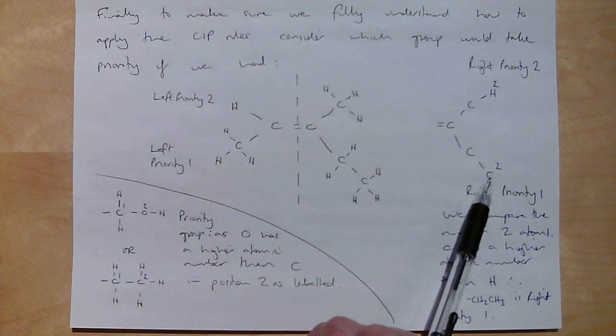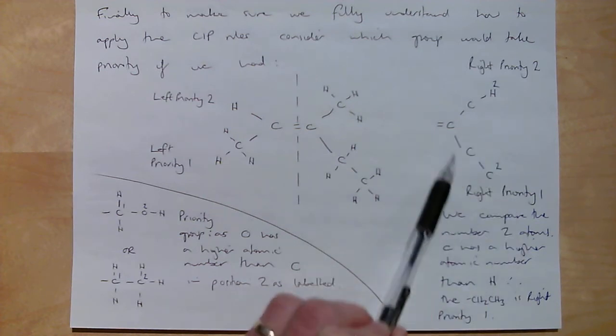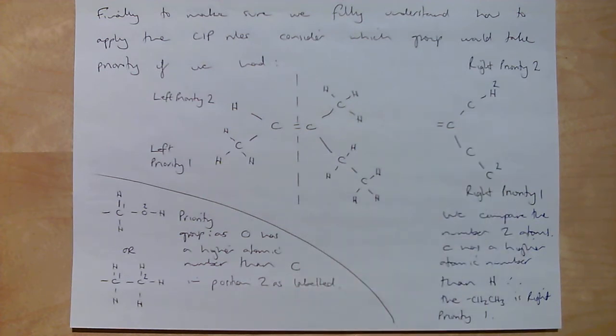That carbon there has a higher atomic number. Okay, so this is my right priority group. So right priority 1. Okay, and so we compare the number 2 atoms. Carbon has a higher atomic number than hydrogen, therefore the CH2CH3 is the right priority group.